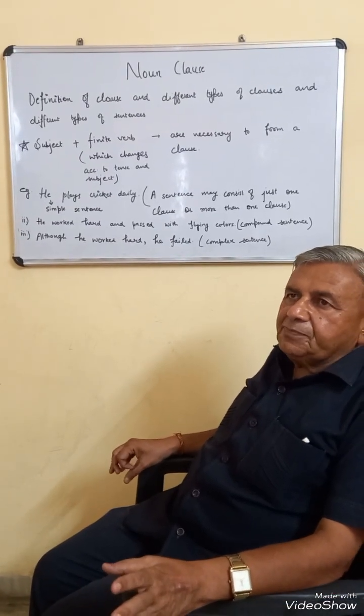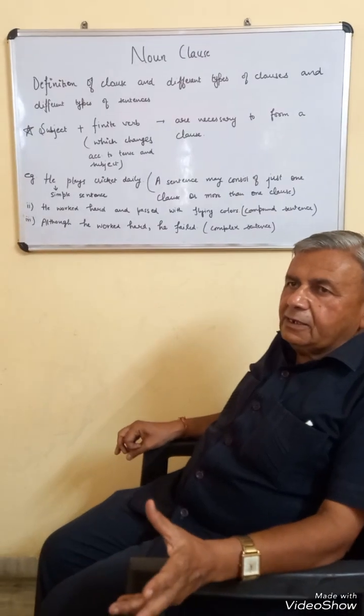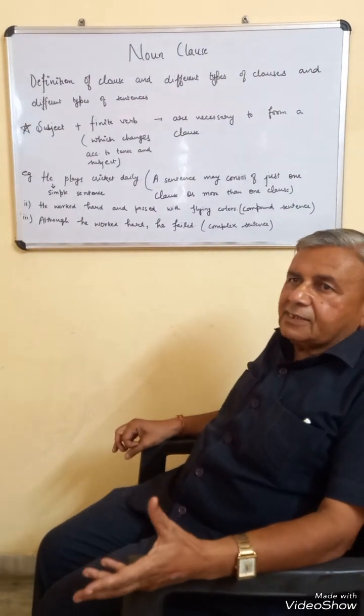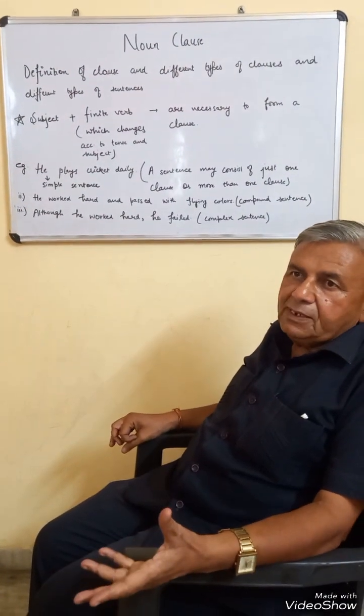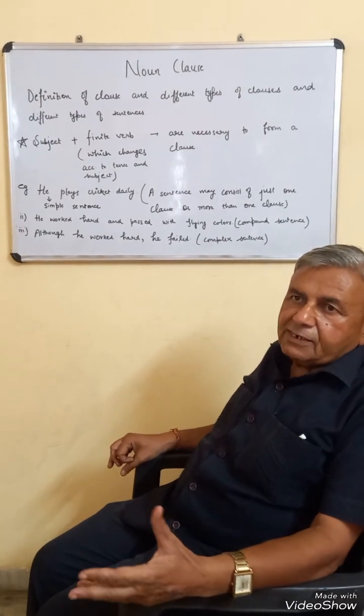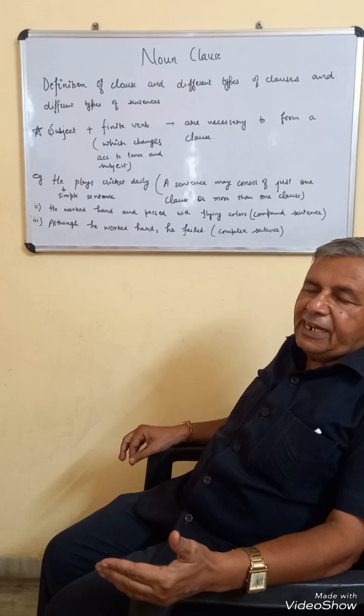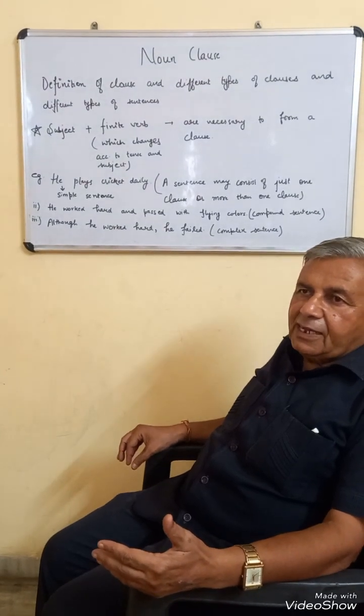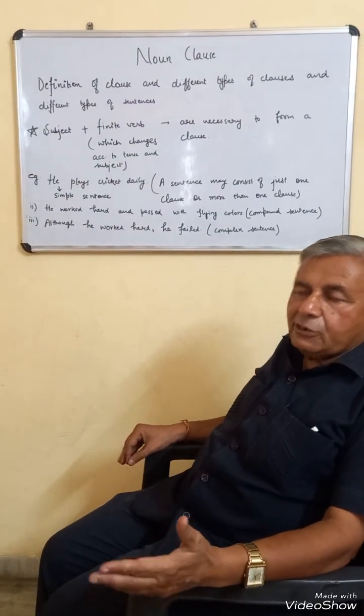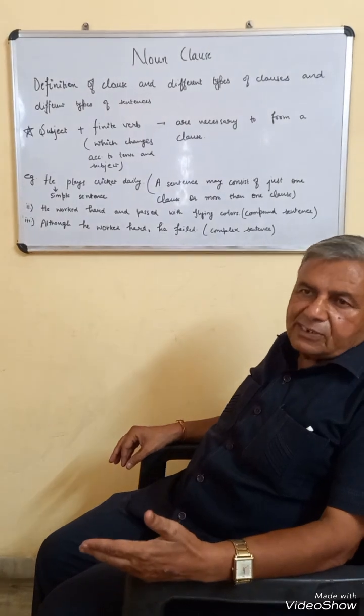For example, I know about success. Here success is a noun. It is not a clause. But we can change this noun into a noun clause by putting a subject and verb in place of the noun. We can say, I know that he has succeeded.